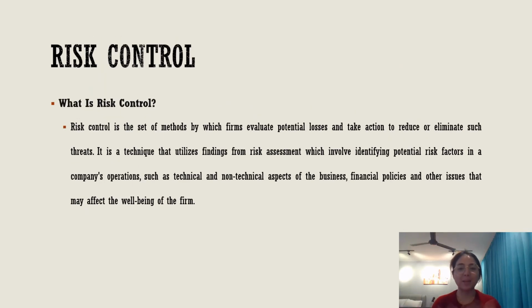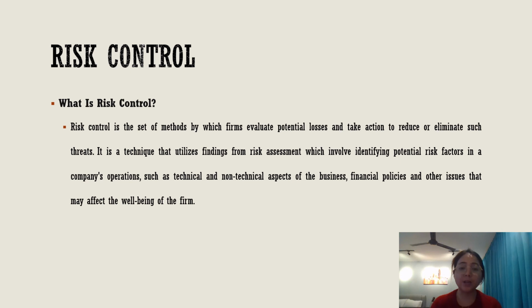Hello everyone, my name is Avianna and I'm going to proceed with our next topic, which is the risk control. Okay, what is risk control? Risk control is a set of methods which firms use to evaluate potential losses and take action to reduce or eliminate the threats.